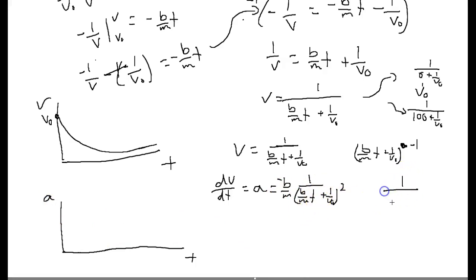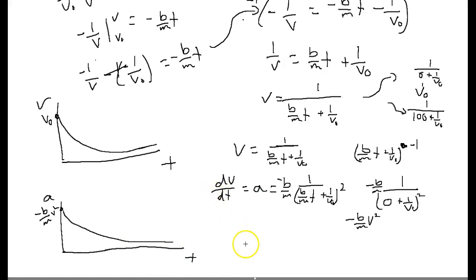So 1 over 0 plus 1 over v naught, and this is all squared, times negative b over m. And this is basically going to become negative b over m times v naught squared. And so our starting value, negative b over m v naught squared, is going to approach 0 as well. Okay, so that could be a graph of our acceleration.